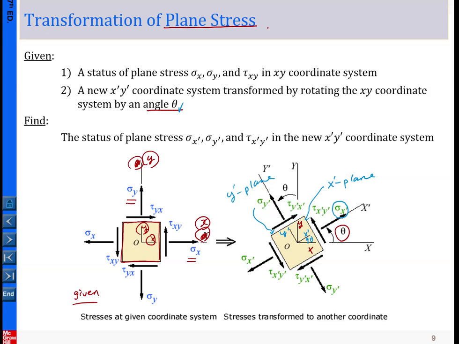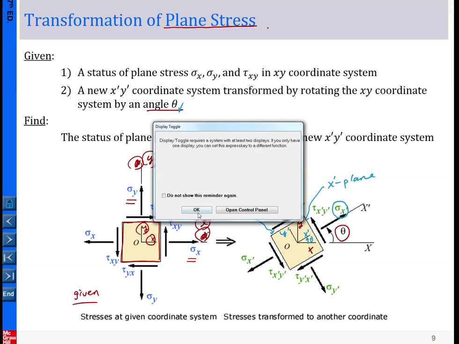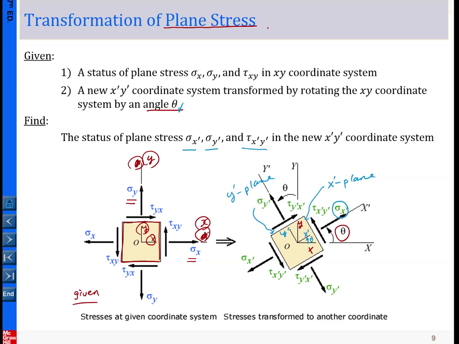So what we are going to do is determine the three new stress components. That is our job to find. Hopefully from here you know the definitions and the meaning of the transformation of plane stress. Basically, this slide gives us the given information and what to find.